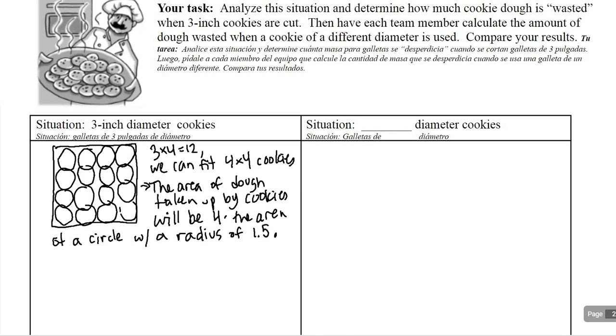Oops, I made a mistake. The area taken up by cookies will not be 4 times the area of a circle with a radius of 1.5. It will be 16 times the area of a circle with radius 1.5.